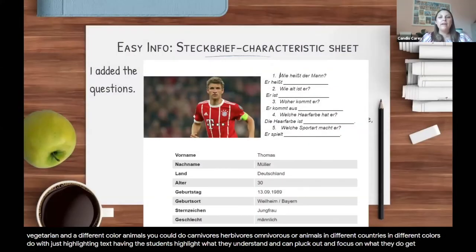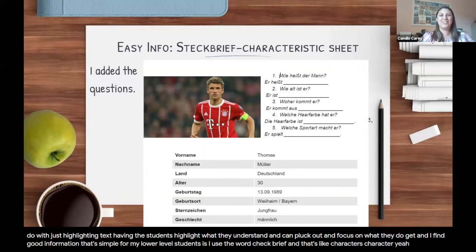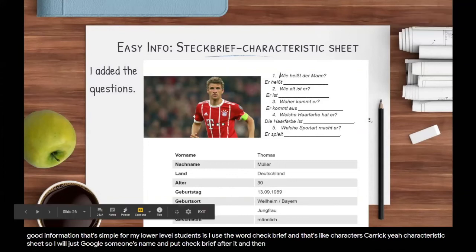Another way I find good information that's simple for my lower level students is I use the word Steckbrief, and that's like characteristic sheet. So I will just Google someone's name and put Steckbrief after it, and then you get down here, this list.